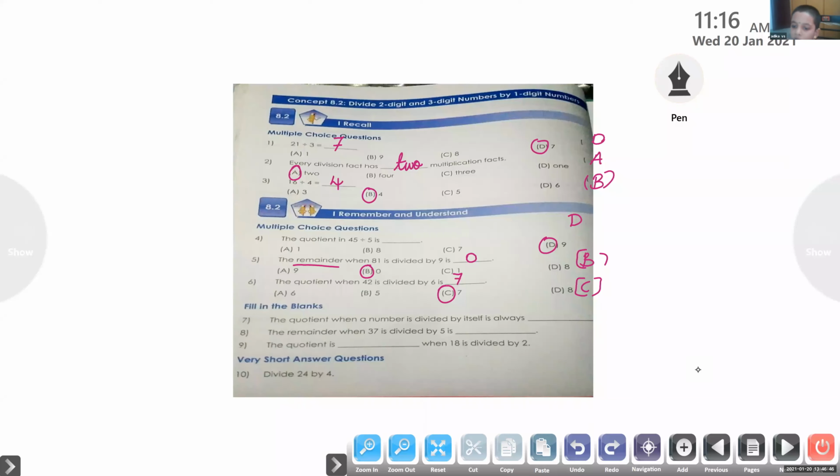The quotient when a number is divided by itself is always dash. That means 3 divided by 3, 100 divided by 100, 20 divided by 20. What you will get? 1. When a number is divided by itself, the quotient will be 1.